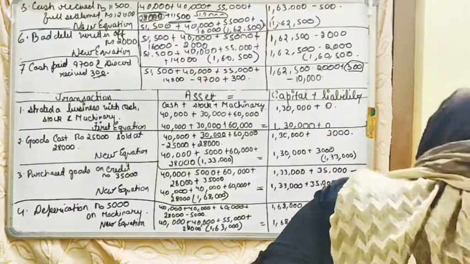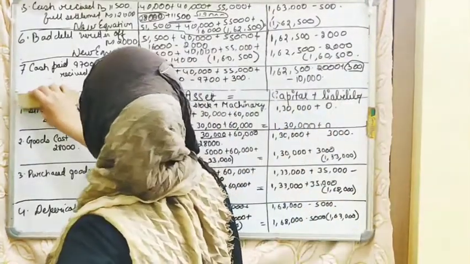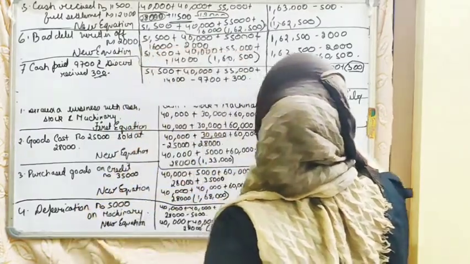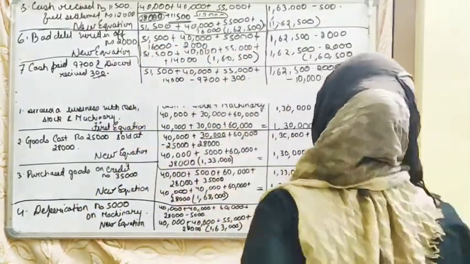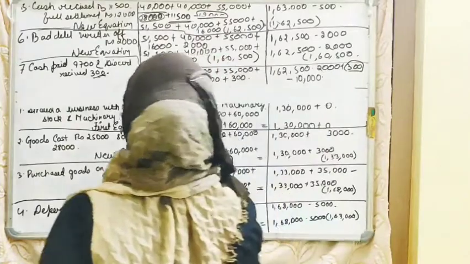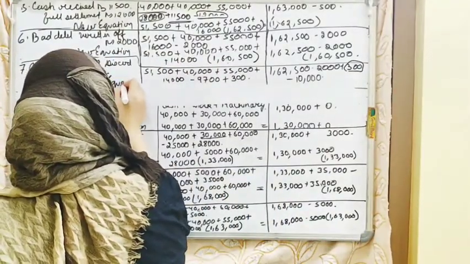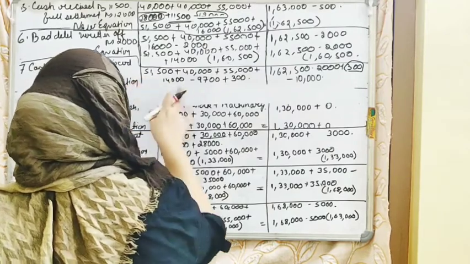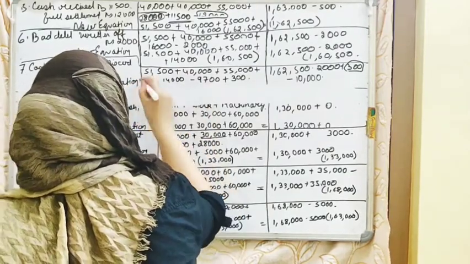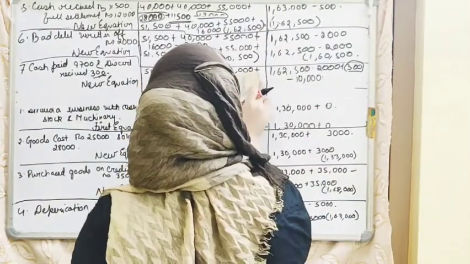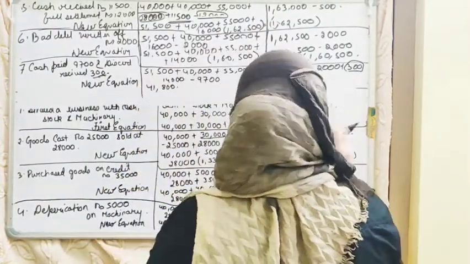So what will be the new equation? I am just erasing this one. The new equation will be, if we subtract 9,700 from 51,500, mistake, we will not add 300 rupees of profit here, but we are adding the profit over here.